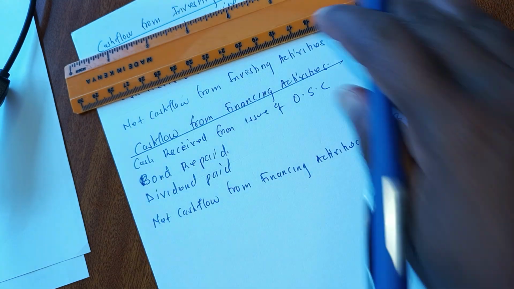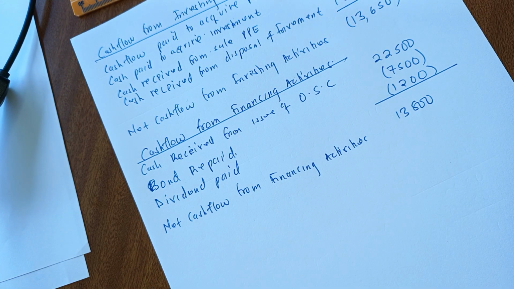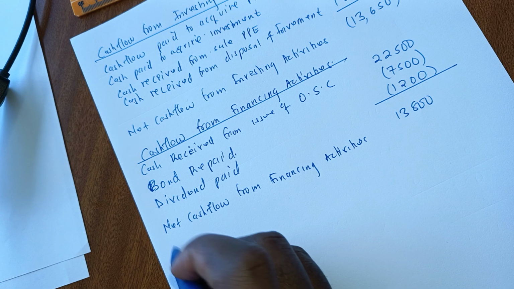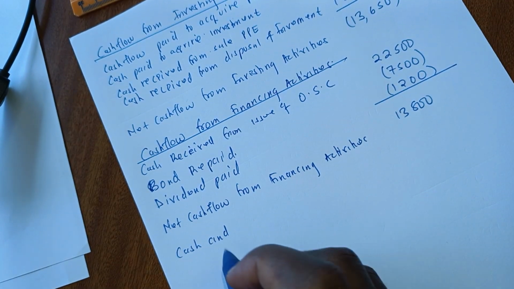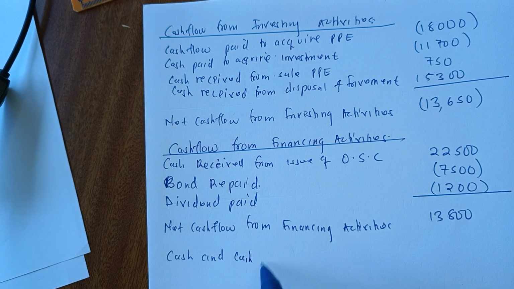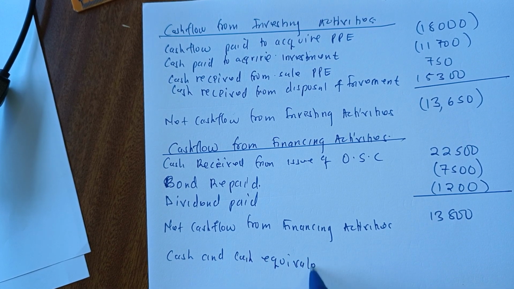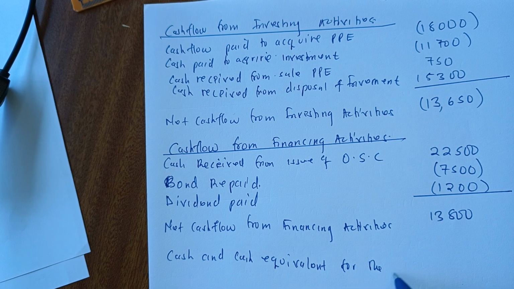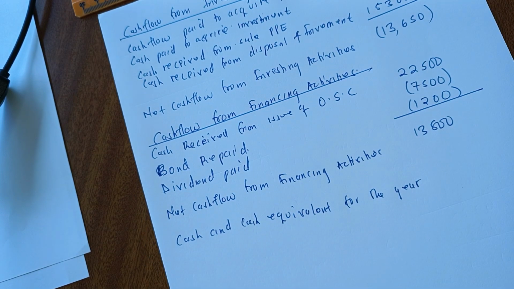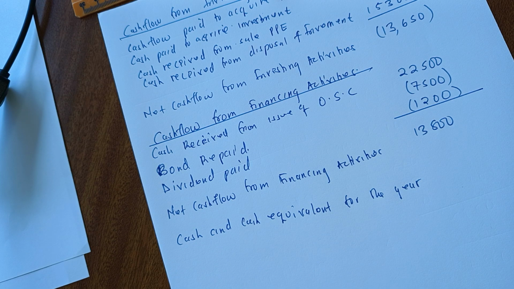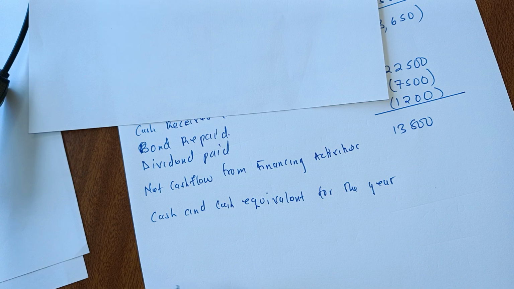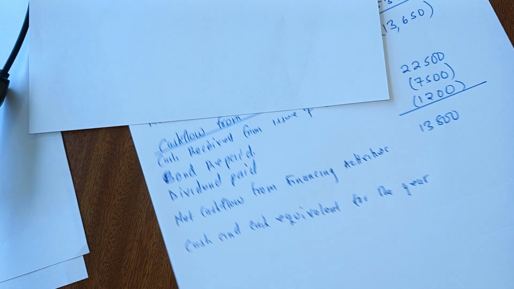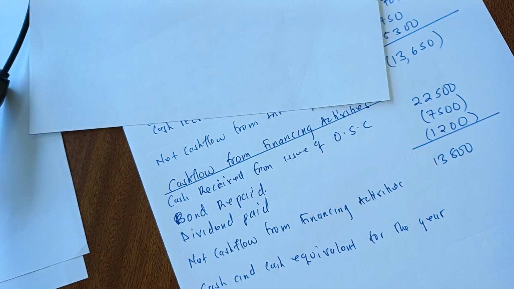So we are closing the chapter by checking whether our question is balancing. So we say cash and cash equivalent for the year. We're going to add these three: the net cash flow from operating activities, from investing activities, and from financing activities.